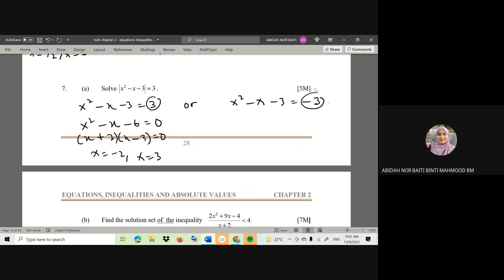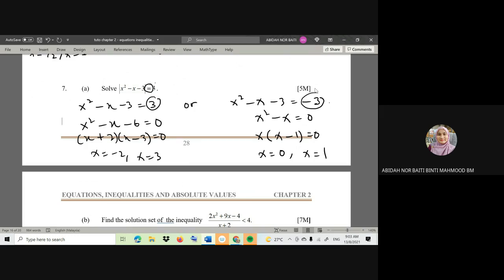So ni pun samalah, x squared minus x equal to 0 right? Then we factorize x minus 1. So two values of x are 0 and 1. This is equation ya. Kalau equation kena buat apa kalau soalan equation? Kalau equation kita kena buat apa? You have to check your answers.